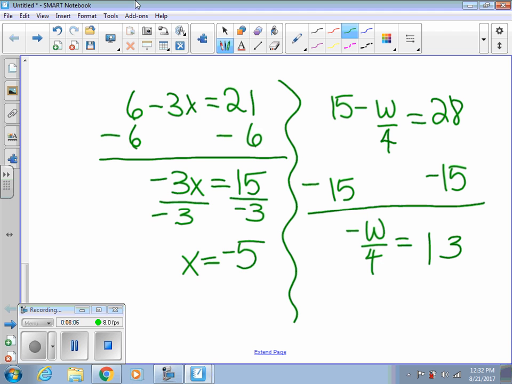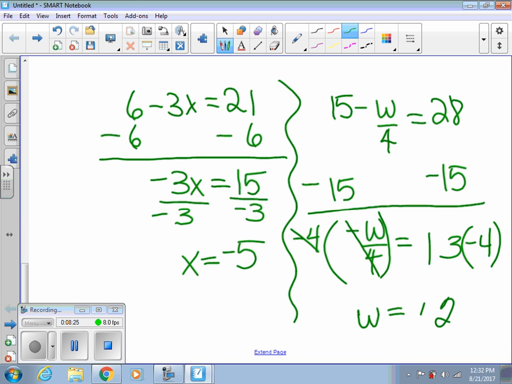What's the opposite operation, Camden? Multiply. So if I multiply both sides by negative 4, that will get rid of that negative, which I want to do. This will cancel with that, and I'll end up with w is equal to 52, negative 52.